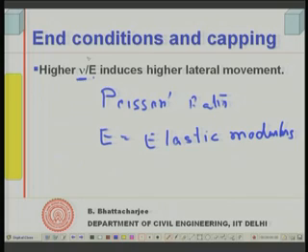If I have high Poisson's ratio, then it will move laterally more, the stress induced along the lateral direction will be more, divided by modulus of elasticity, the strain along the lateral direction. So, this is a measure of the strain along the lateral direction. Now, if the capping material has high nu over E, then it will move more, and therefore, it will restrain the concrete less. So, higher Poisson's ratio to modulus of elasticity will restrict the concrete less, and therefore, the strength will be lower.